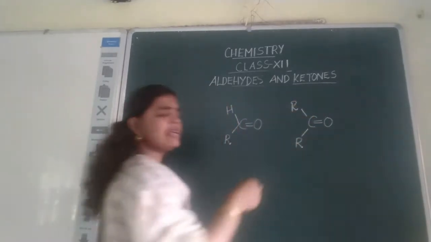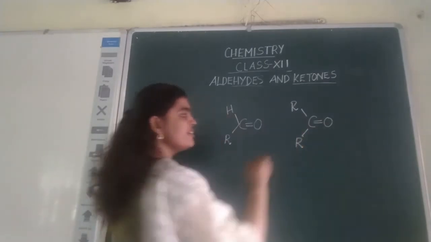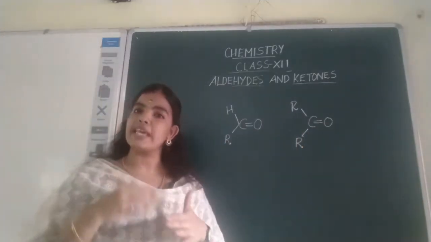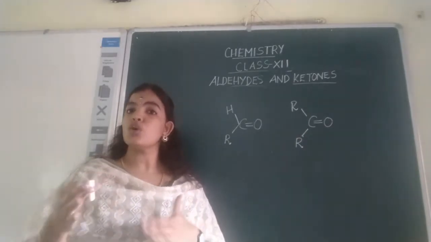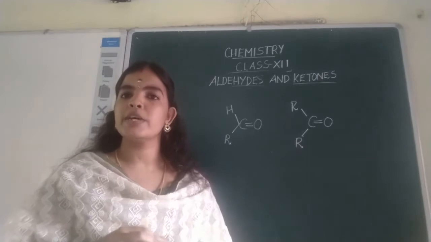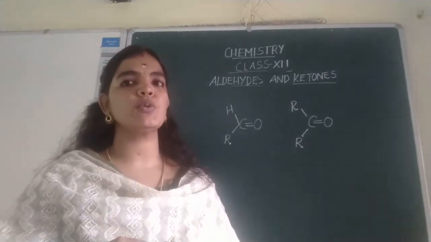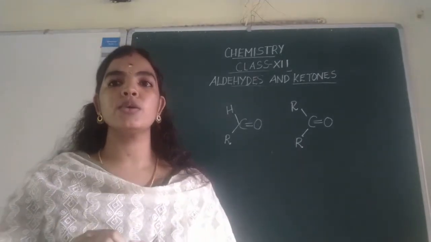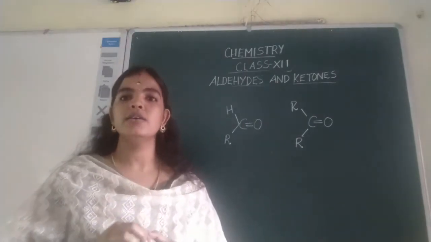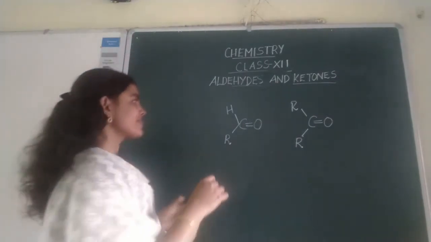It can be the same alkyl group or different alkyl groups. Since both have the same functional group, they will show the same chemical properties. Why are they showing the same chemical properties? Because the carbonyl group is the functional group present in both aldehydes and ketones. Okay?